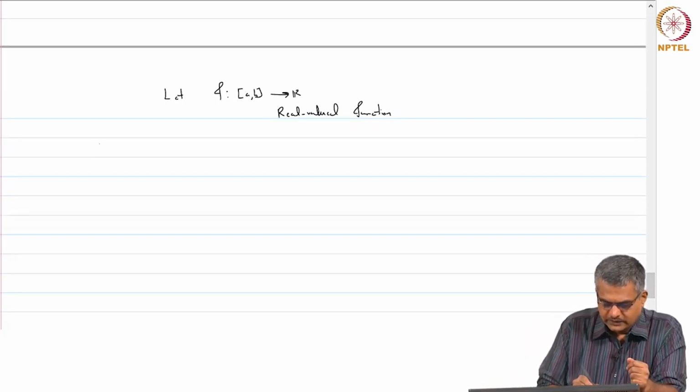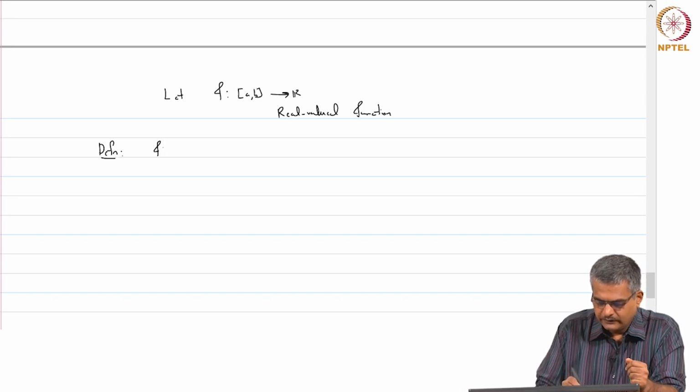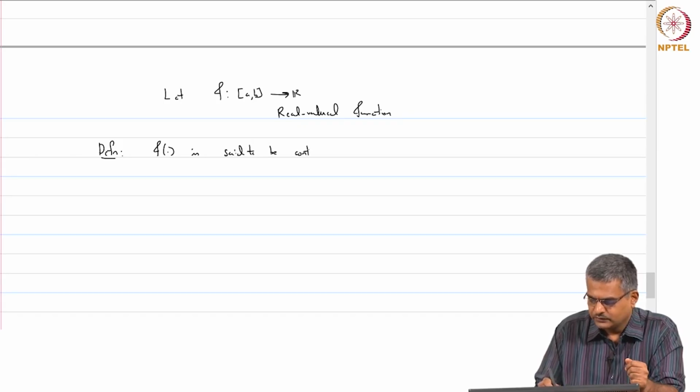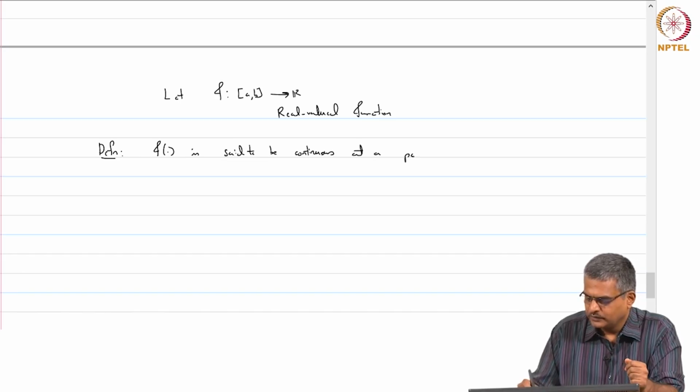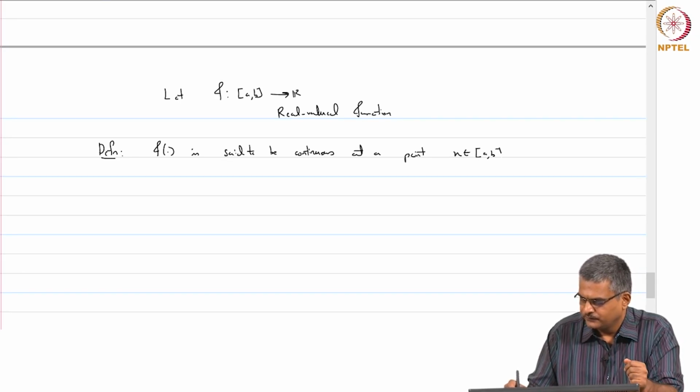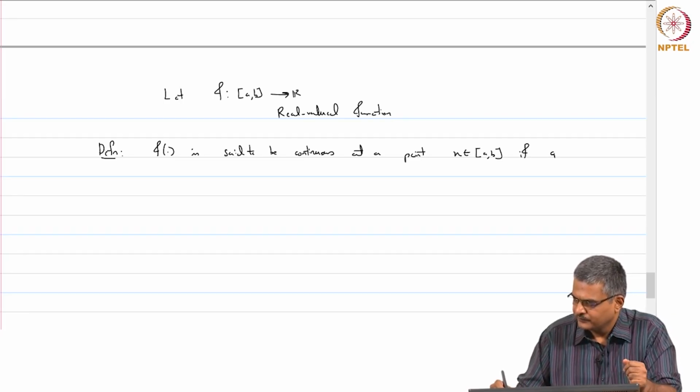So, definition: f is said to be continuous at a point if given any epsilon greater than 0.